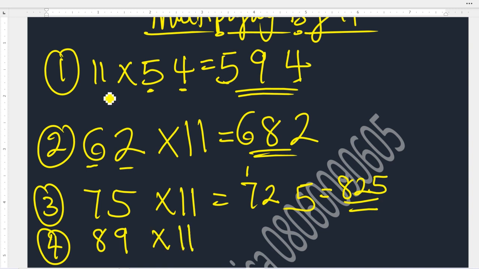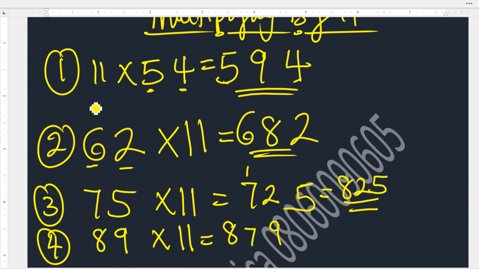89 times 11. Write down 8 and 9. That's the first and the last digits with a space between them. Add the two digits together. 8 plus 9 is 17. Don't write 17 at the middle.